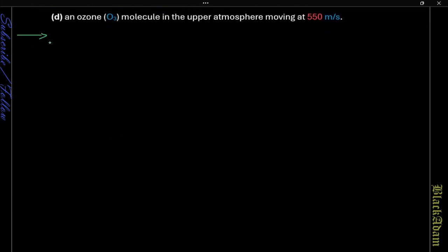So now we have 48 gram of ozone, all divided by 1 mole of ozone, and multiplied by, we want to change that to kilograms, so 1 kg over 1000 gram.